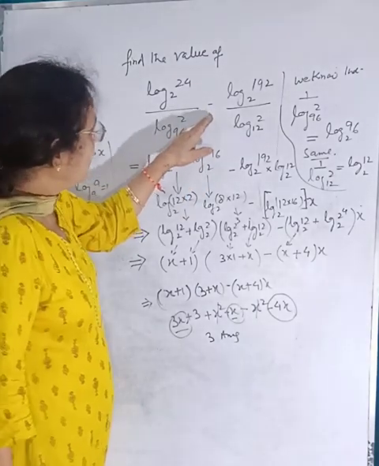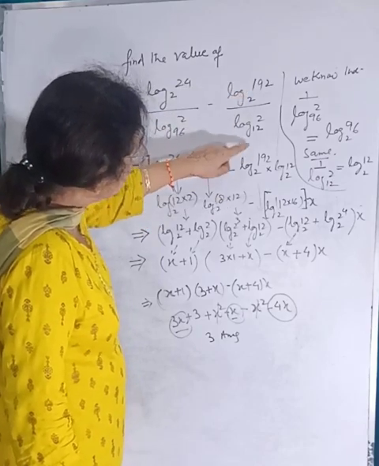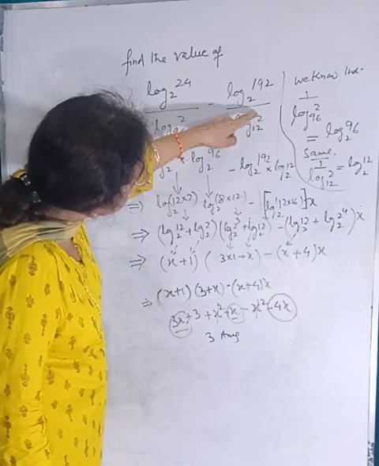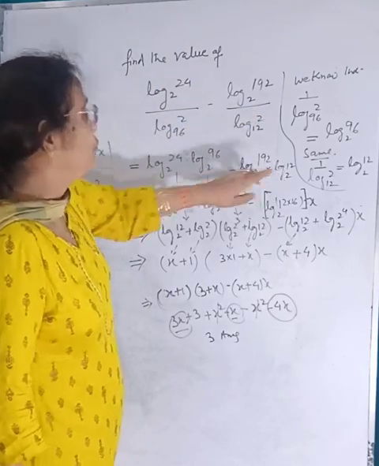Same is the case over here. Minus log of 192 with the base 2 is here. Log of 12 with the base 2 is log of 2 with the base 12 is there. ऊपर जाएगा log of 12 with the base 2 हो जाएगा.